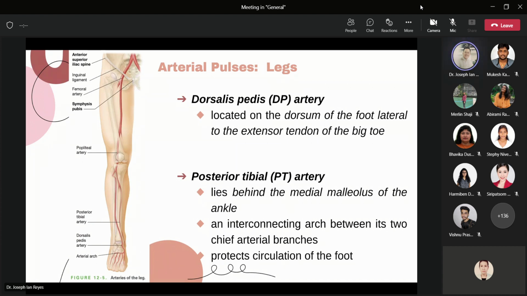It lies behind the medial malleolus of your ankle. There is an arc interconnecting the two chief arterial branches, which protects the circulation of the foot. So even though there is damage in one area, there are still other branches to supply the foot.